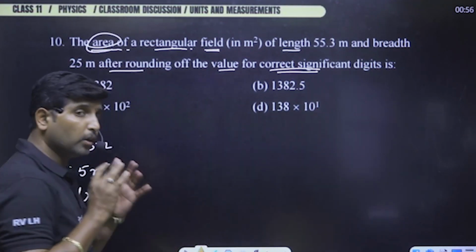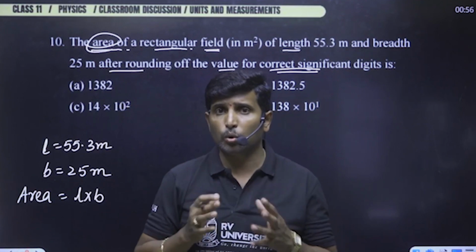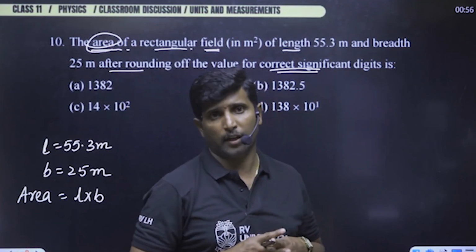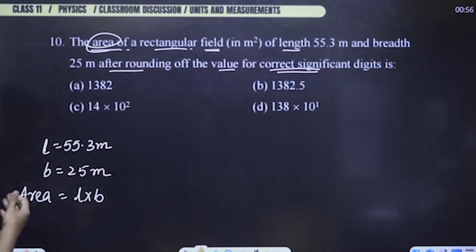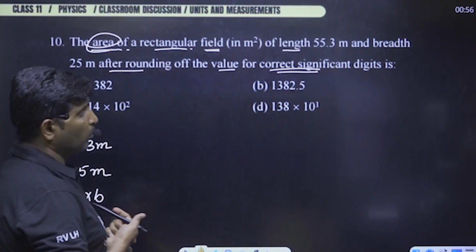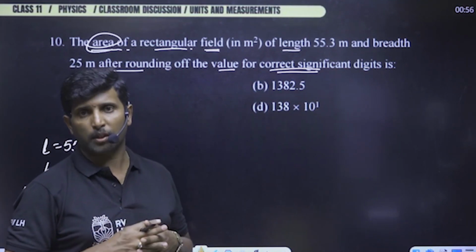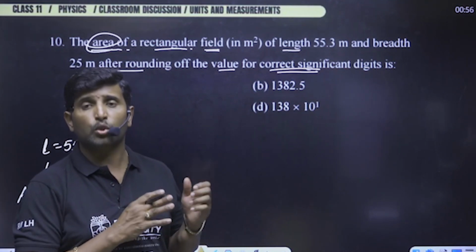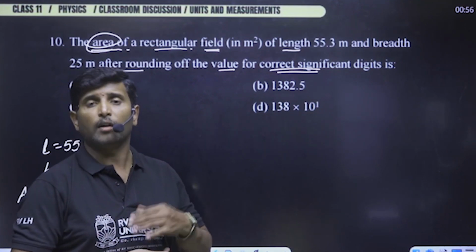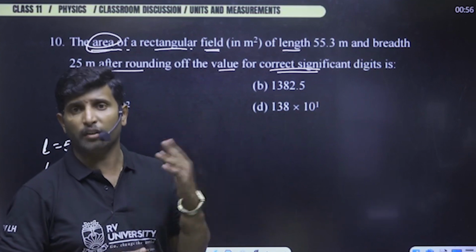So we have to remember the rules while studying about the significant figures. What are the rules here? Whenever we multiply two numbers, the result should possess the significant figures of the number having the least significant figures.